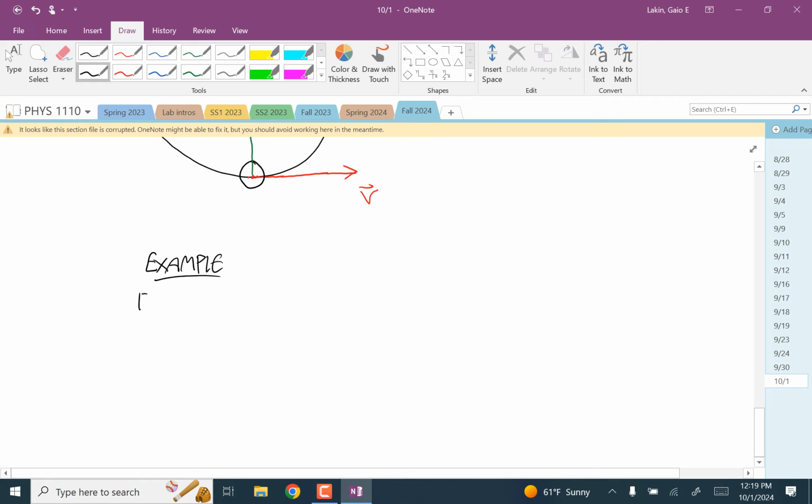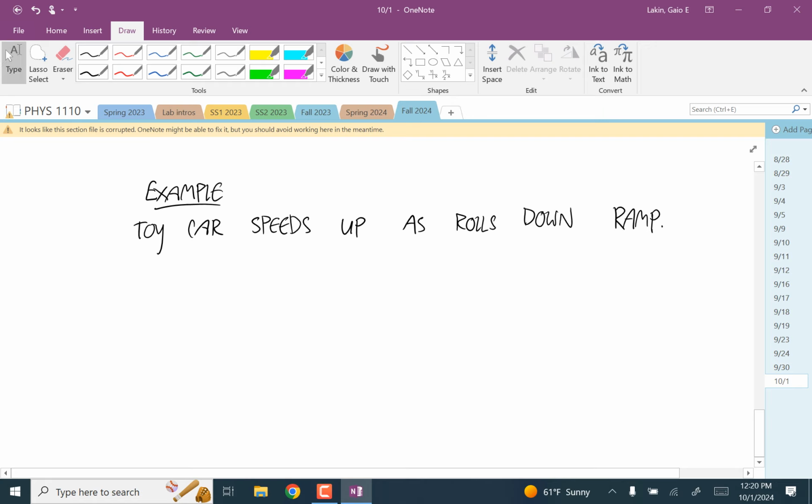Okay, so now let's say a toy car speeds up as it rolls down a ramp. So it's going this way. I'm going to draw the path of the car like this.